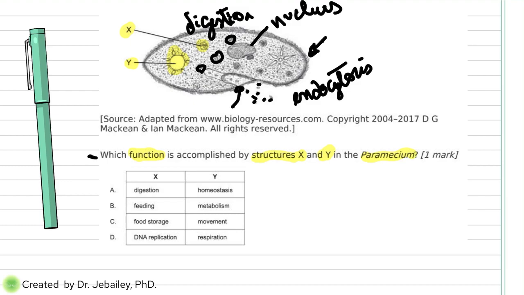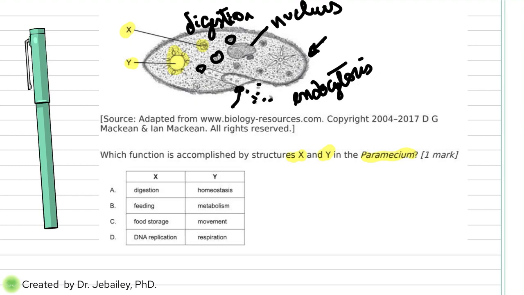It's basically saying what X is and what Y is. So for example, if A is the answer, then X should be doing digestion and Y should be doing homeostasis. Or maybe it's B, where X is feeding and Y is metabolism. So that's how you read this. This is how you answer a question, because some people have a hard time understanding what this means.